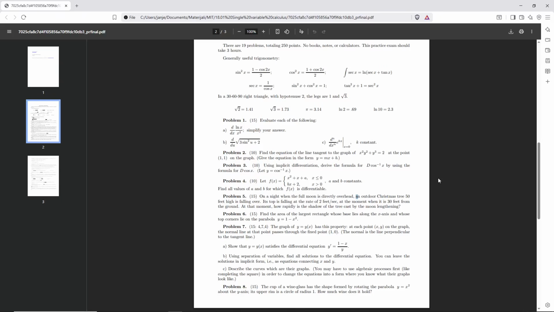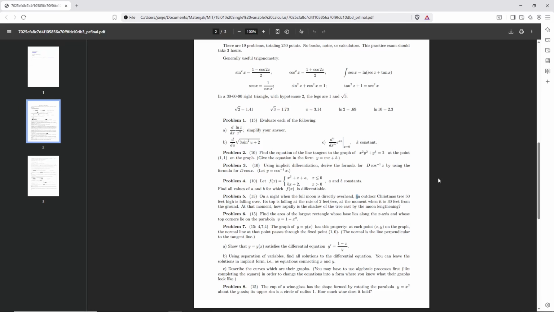This is a rate finding problem, and we're going to use implicit differentiation since the equation of a function which will need to be differentiated will be given in an implicit form.